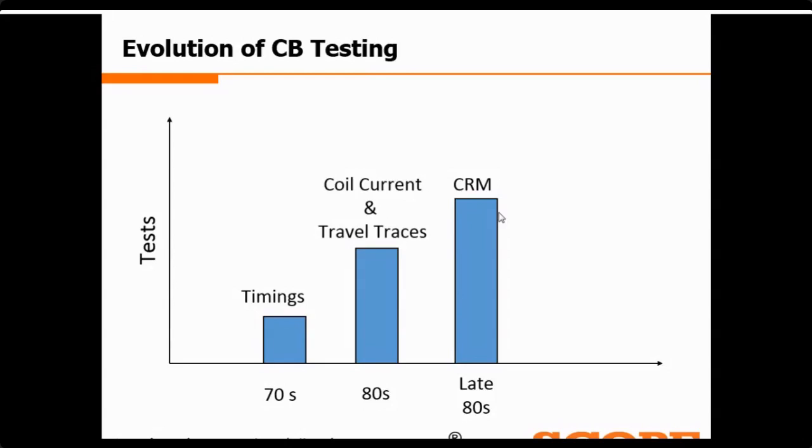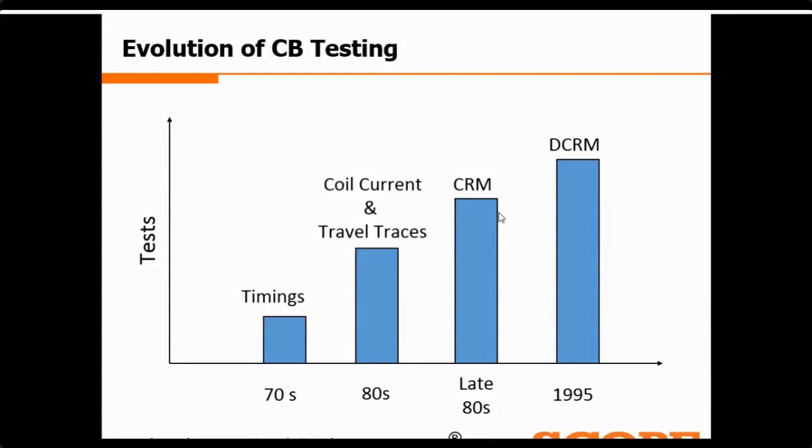So the probability of deterioration of the arcing contact is many times higher compared to the main contacts. That is why from the 80s to 1995, the arcing contact was continuously deteriorating, and because of that the circuit breakers were failing.